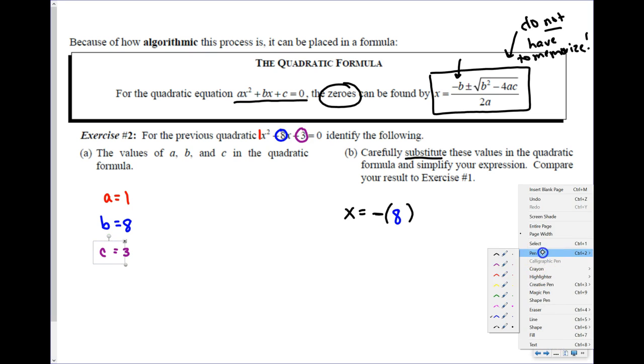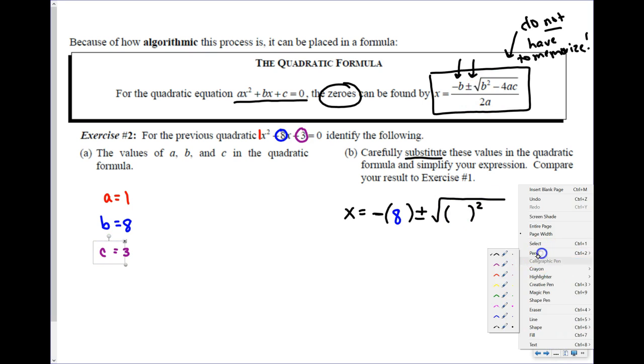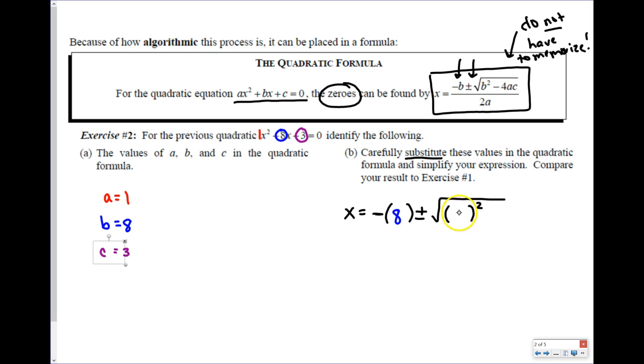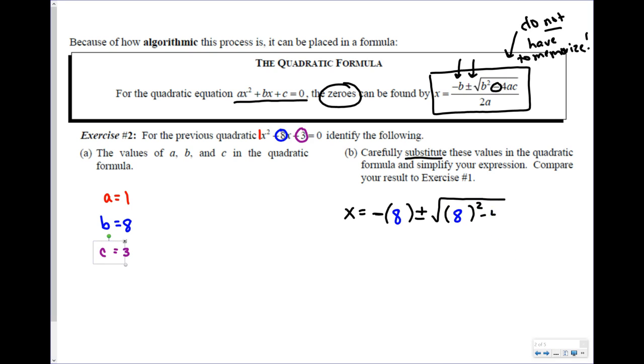Then the next part of the formula here says plus or minus. So I'm going to put plus or minus, and then this big square root symbol. Under the square root symbol, I'm going to put b squared. I'm going to put that in parentheses as well. So b again was 8, so I'm going to put another 8 here. The next part says minus 4 times a times c.